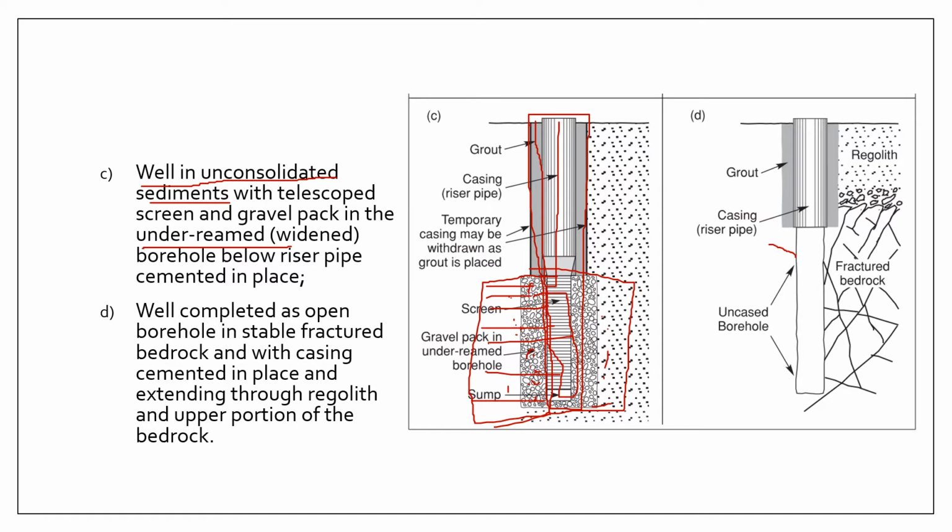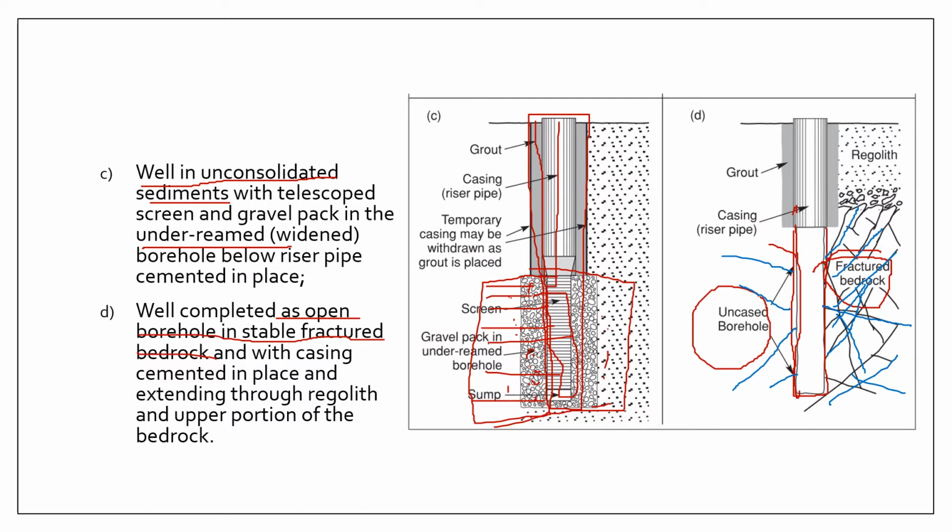The second diagram is showing an open borehole in a stable fractured bedrock. So the keyword here is stable and fractured bedrock. What you are seeing here is just an open borehole, meaning this is just a hole and there is no casing. Your well is basically relying on the fractures in your bedrock to transmit water into your well.